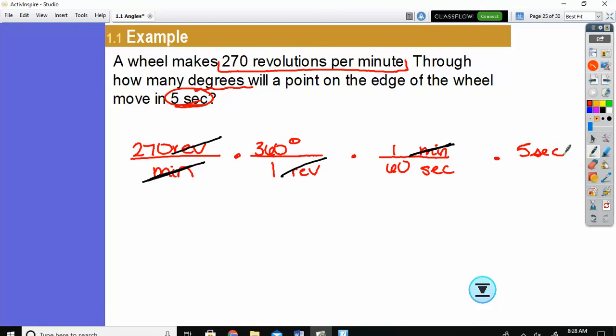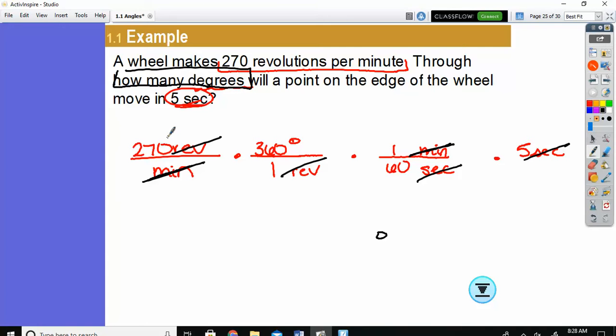What is the only other piece of information we're given in the problem? 5 seconds. So we are just going to multiply by 5 seconds. So what will actually happen to my seconds? They will cancel out. Okay, my question was to find how many degrees. If you look at this, what's the only unit left? Degrees. So that would be my answer. So what we have to do is multiply all this stuff together.